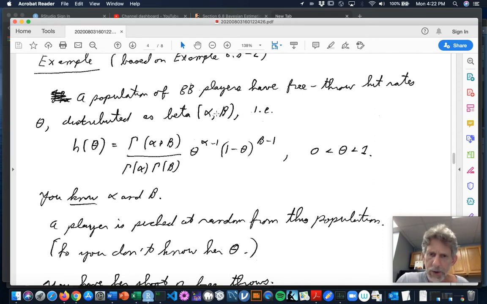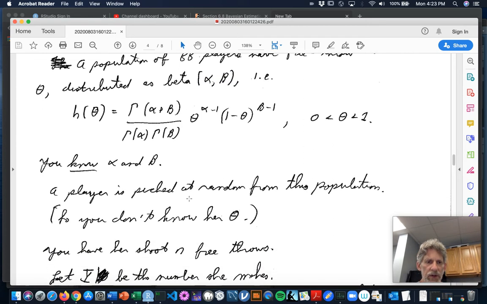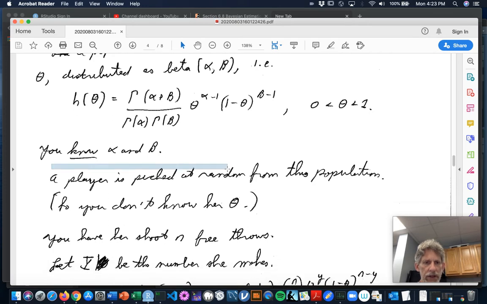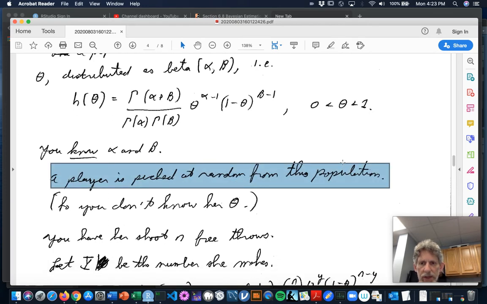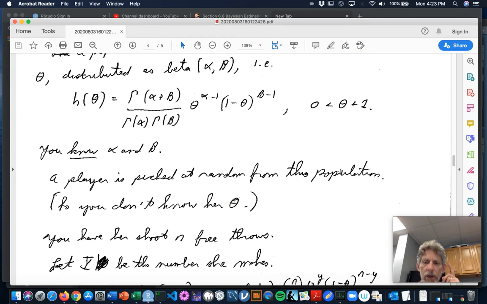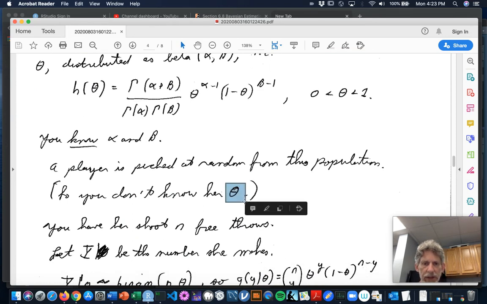And let's say you know about that population. You know that beta curve. You know the alpha. You know the beta. And a player is picked at random from this population. You don't know that player's hit probability. Call it little theta.